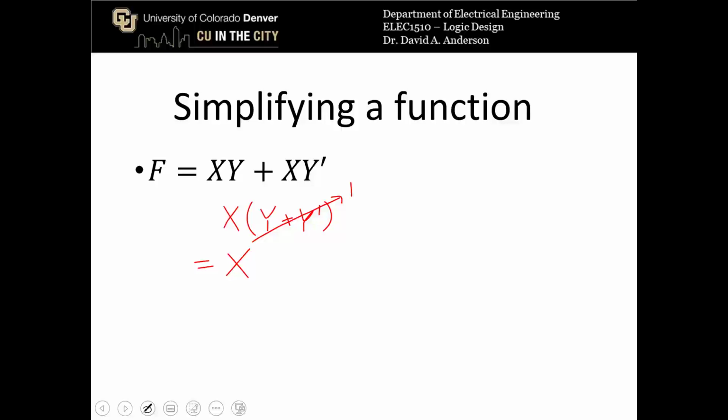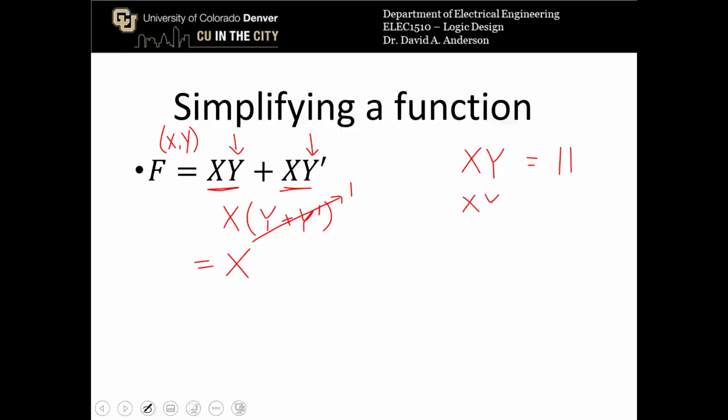So one of the things to realize is that these two minterms, assuming that f is only a function of x and y, have only one variable that has changed states between them. So only y has changed states. For example, x, y is the minterm 3 for 1, 1.